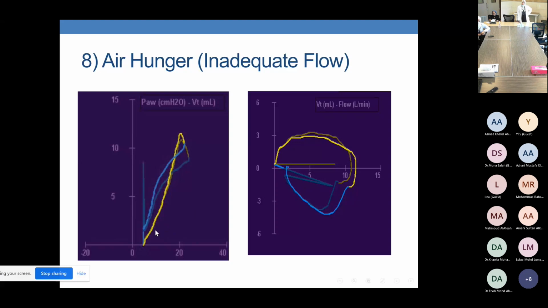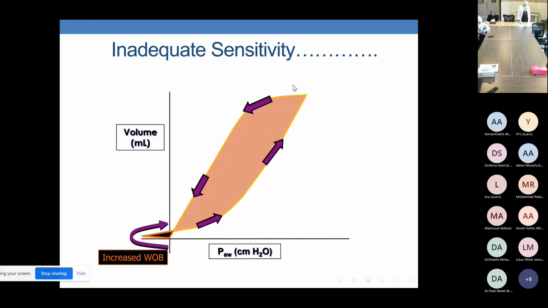So how will it show? It will show as looping, like a figure of 8. This means the baby is breathing very fast, he's not happy. Or it can be inadequate flow. Anyway, the new ventilators don't have this issue anymore because it is auto-adjusted. Or it can be inadequate sensitivity.